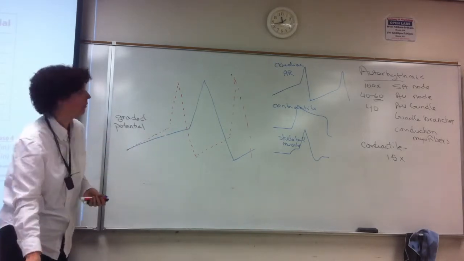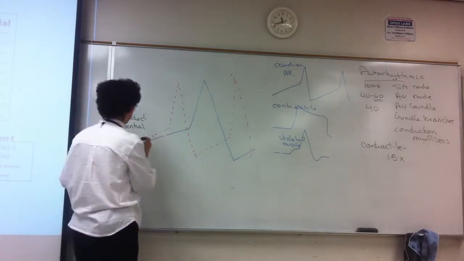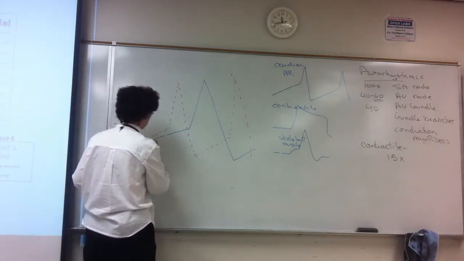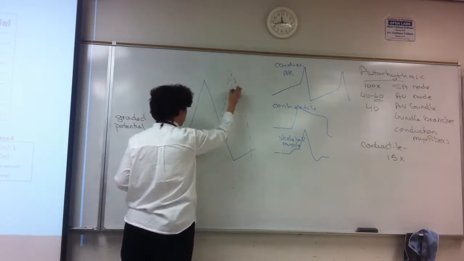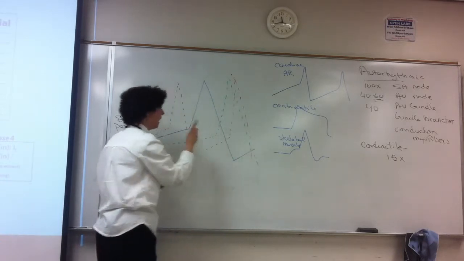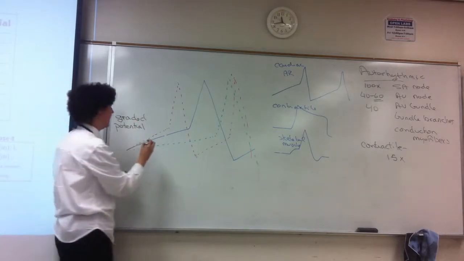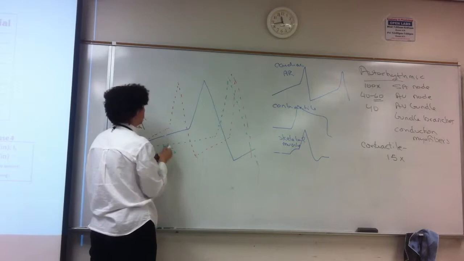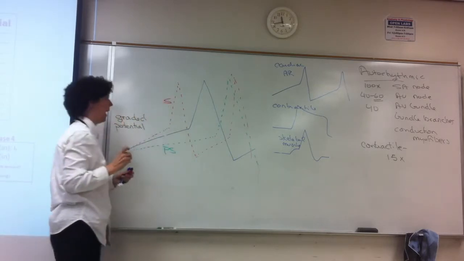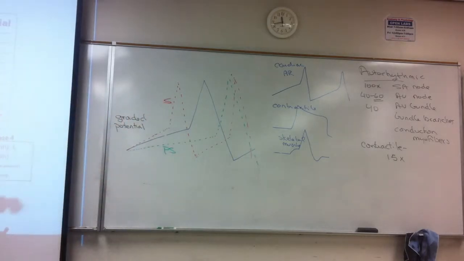Or if we're using parasympathetic, we can have it take longer. Okay? So PS for parasympathetic, S for sympathetic effects. So that's the graded potential.